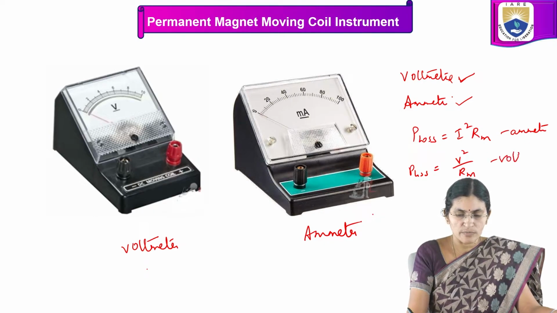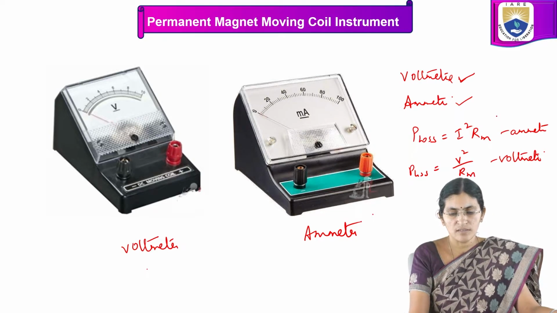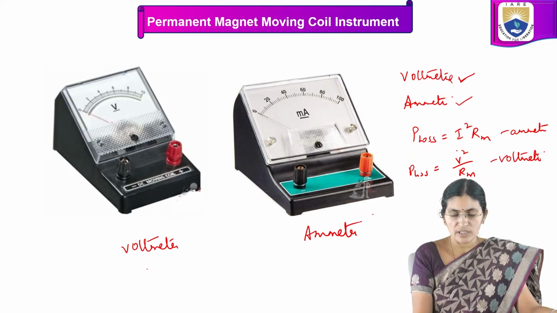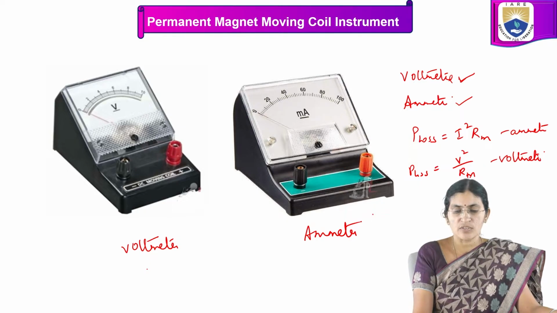From this we can say that for the voltmeter, the resistance in parallel with the voltmeter should be as high as possible so that the power loss will be less.